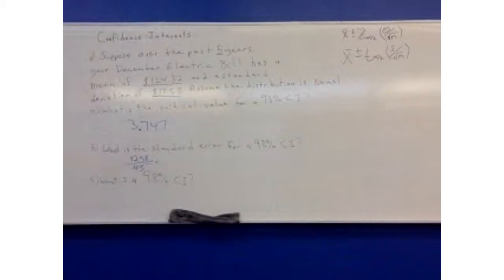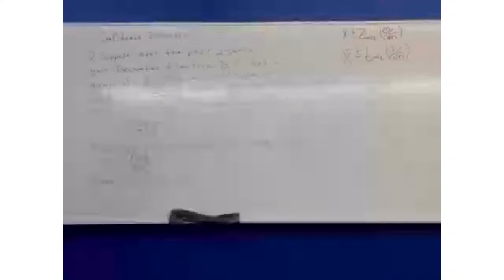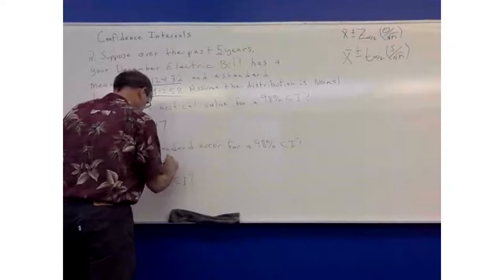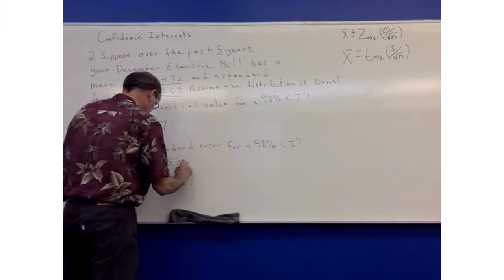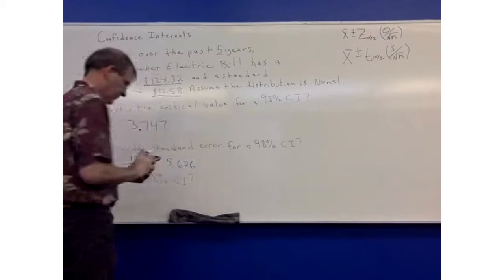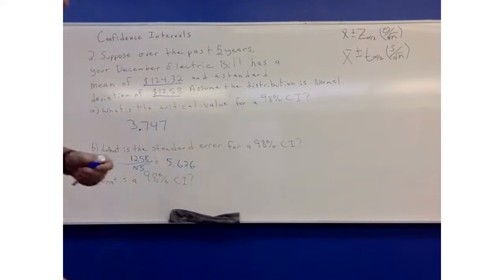Okay, so if we do that computation, 12.58 divided by the square root of 5, we get 5.62. I'm going to round to 6. What is a 98% confidence interval?